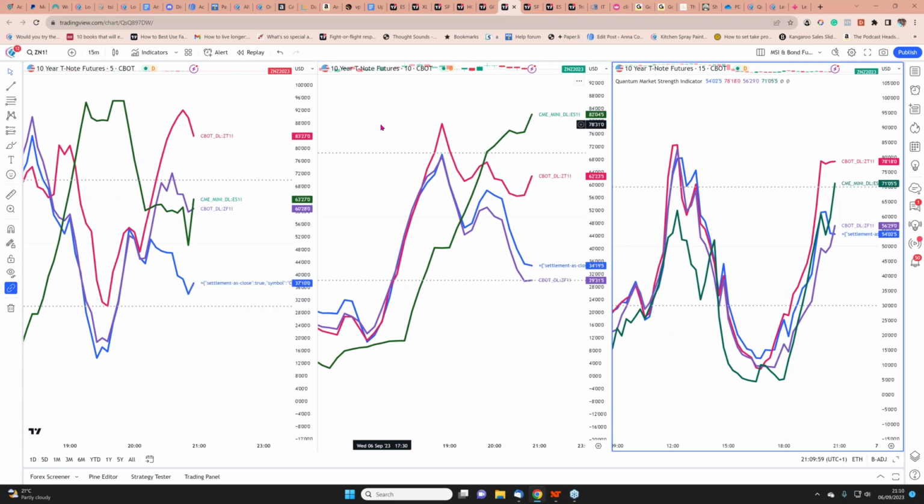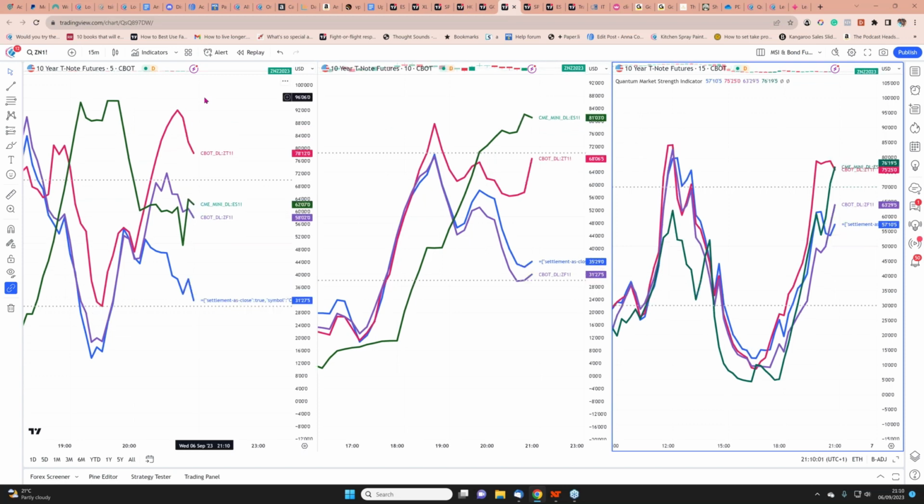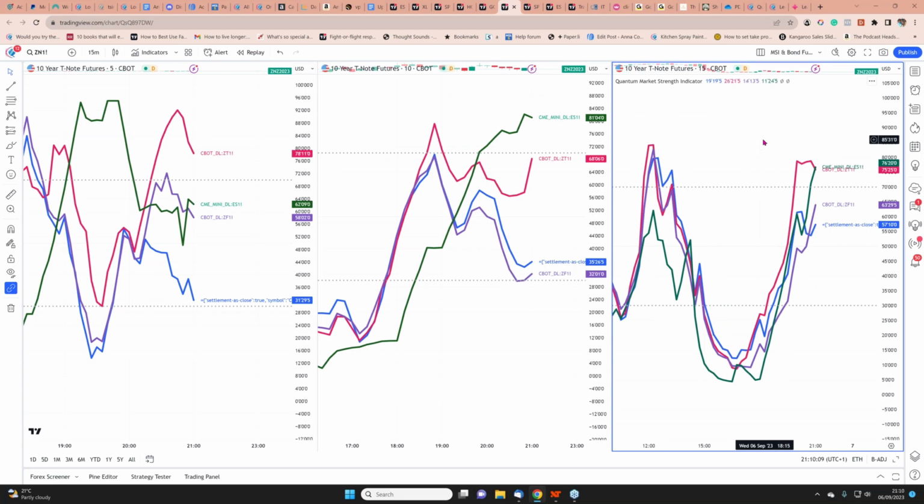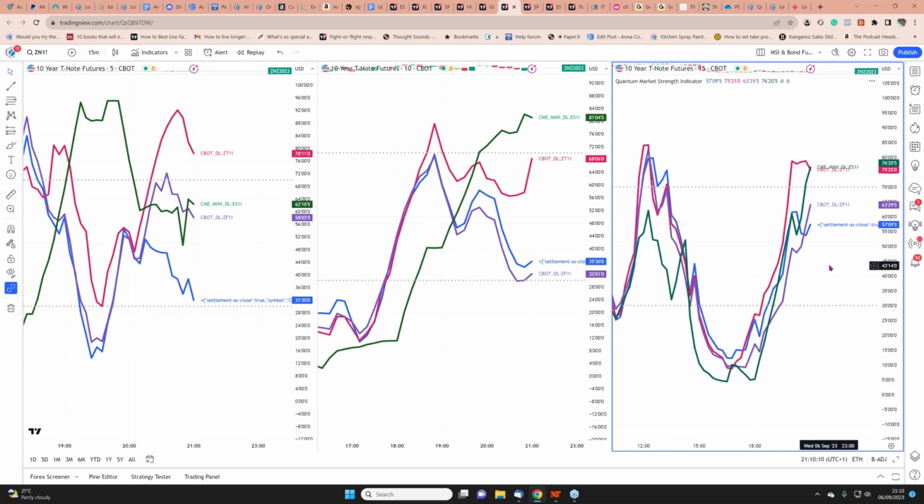This is bonds. This is purely bonds. This is again on 5, 10, and 15 fast time frames here. I've pulled over on the 15-minute here. I've got the 2, the 5, the 10 notes on here, and you can see how they're all pretty much in agreement. And I've also got the ES on here, because what you want to see is the relationship between bond markets and equity markets.